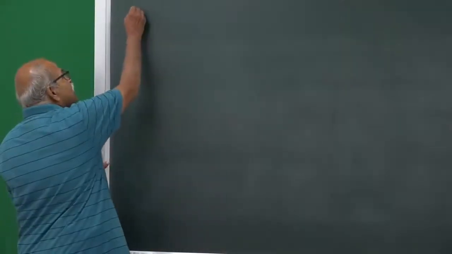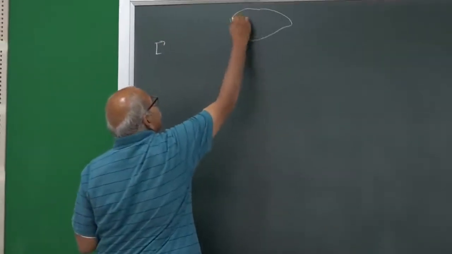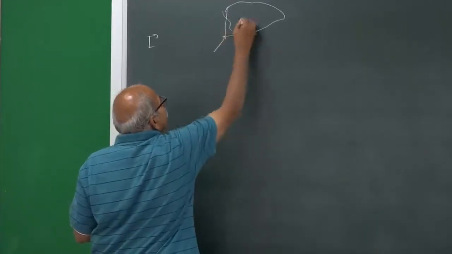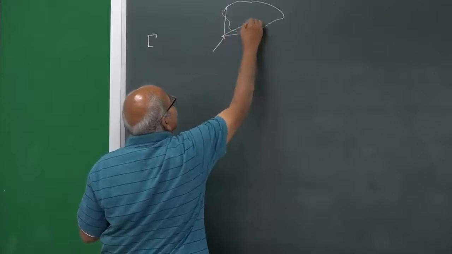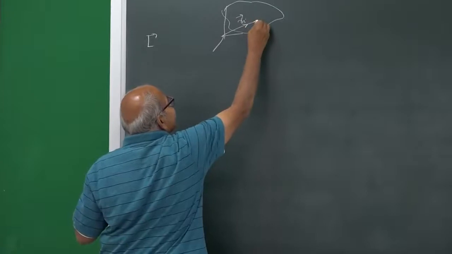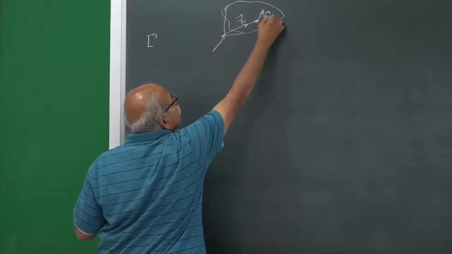So, angular momentum vector L, I am talking now of some rigid body, there is some origin somewhere, and then I am talking of some particle, the ith particle, with position vector r_i, and this particle at this instant has some velocity v_i.